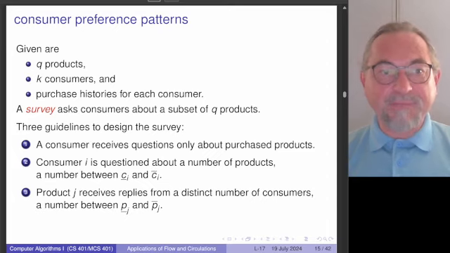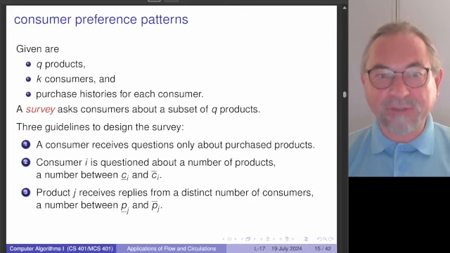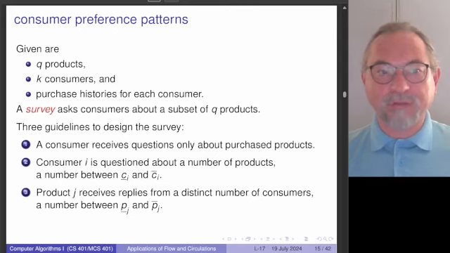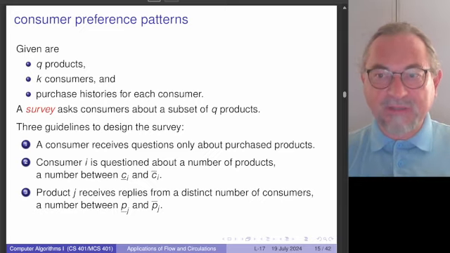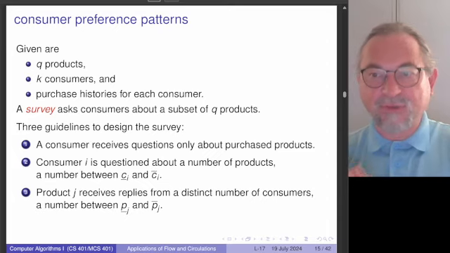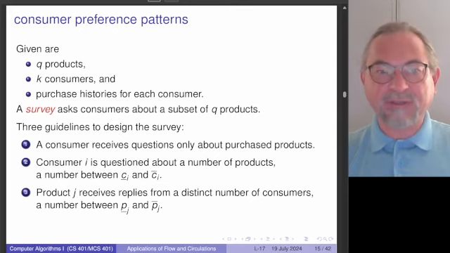We have a number of products, Q, and we have a number of customers, K. And we also know the history, so which consumer bought what product. So we want to design a survey. Obviously, if a customer has not bought a particular product, then we will not ask questions to that consumer.